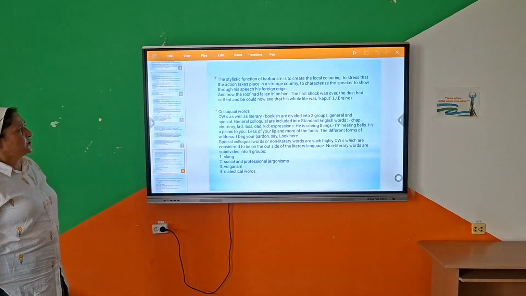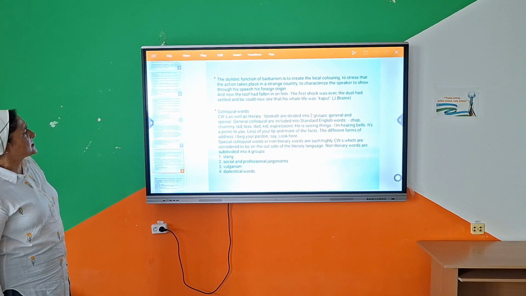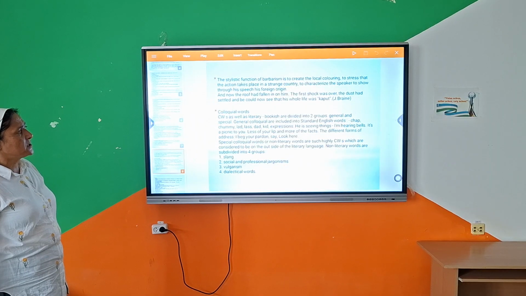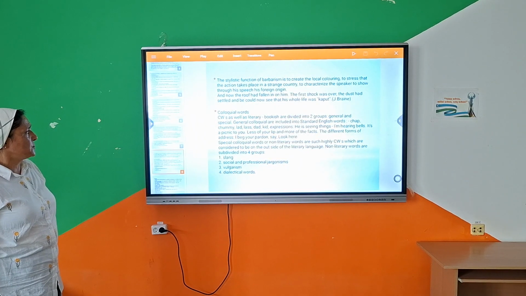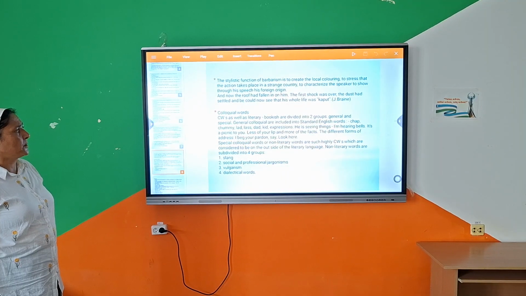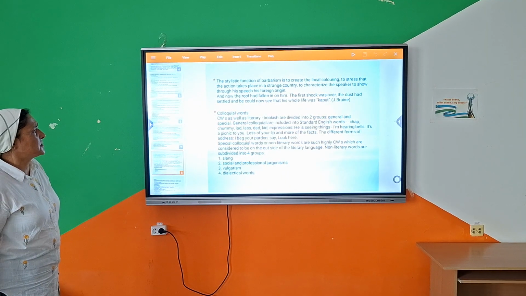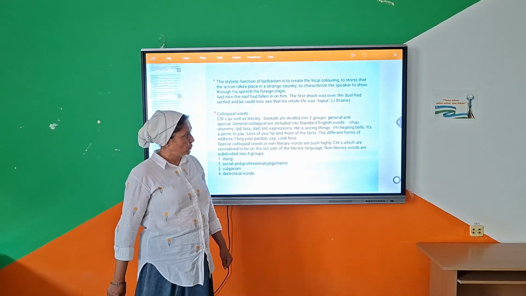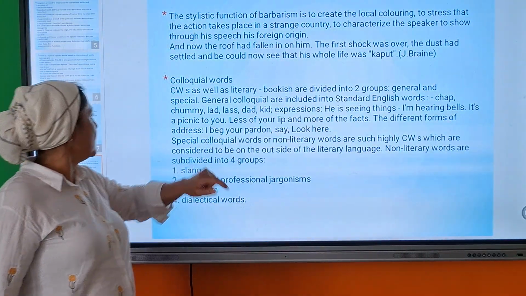The stylistic function of barbarisms is to create local coloring, to stress that the action takes place in a strange country, to characterize the speaker, and to show through his speech his foreign origin. And now the roof had fallen in on him. The first shock was over, the dust had settled, and we could now see that his whole life was kaput. The word kaput is taken from the German language.